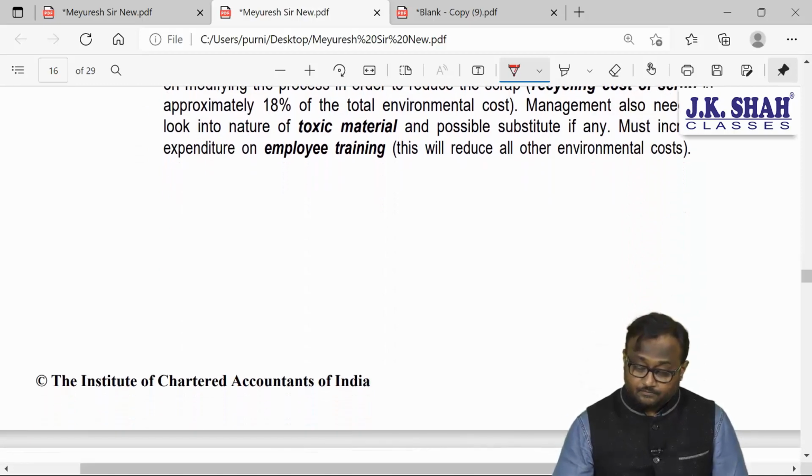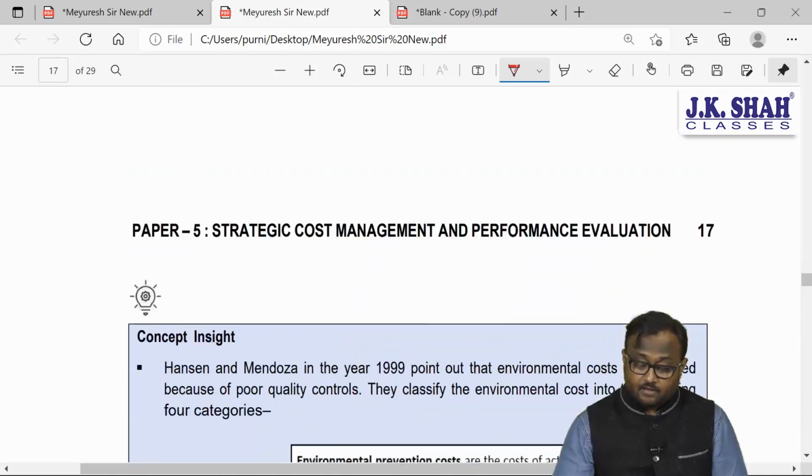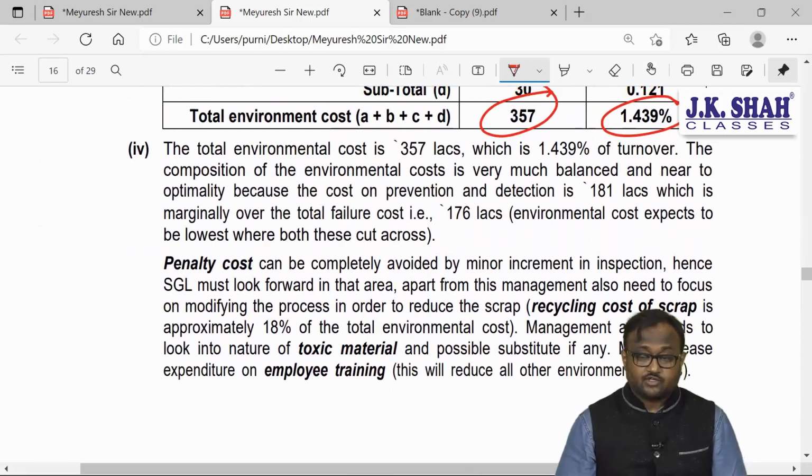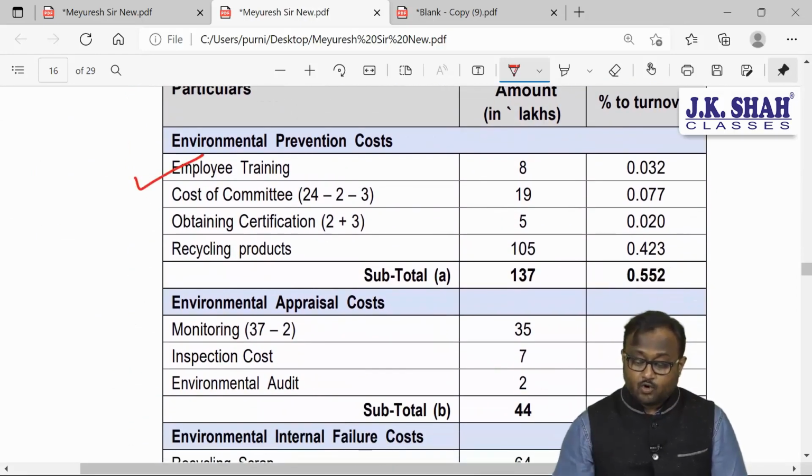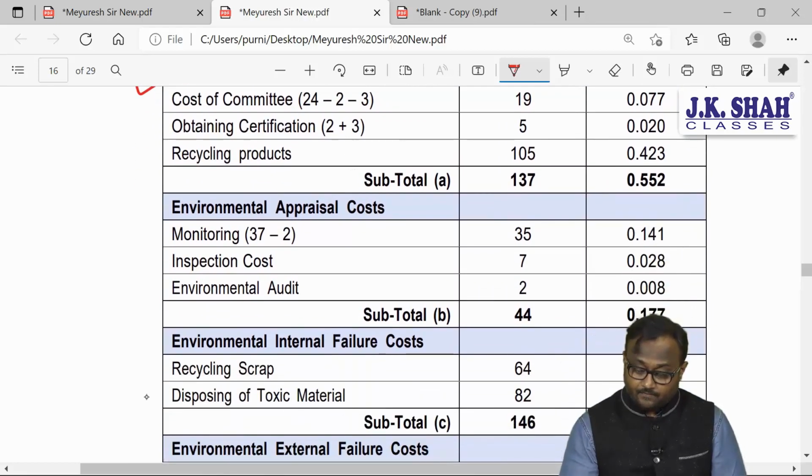Employees' training, you must increase employees' training. I'll tell you, spend more on this. If you spend more on training, this may get reduced.